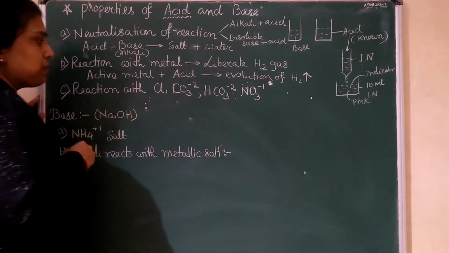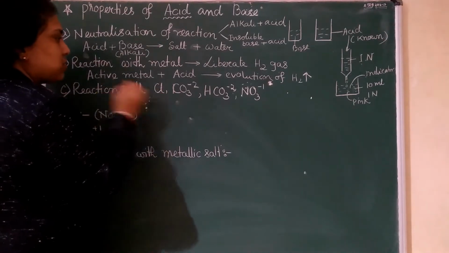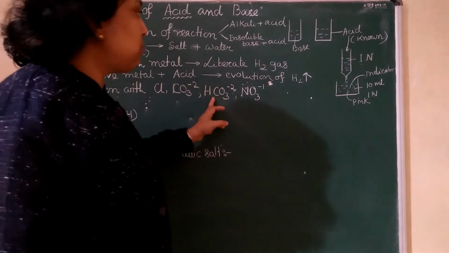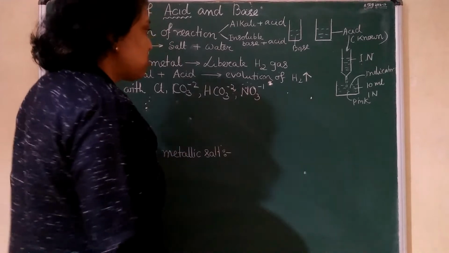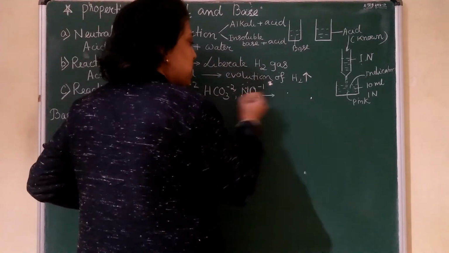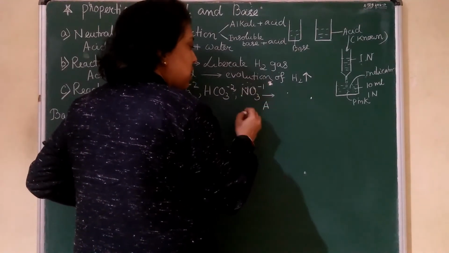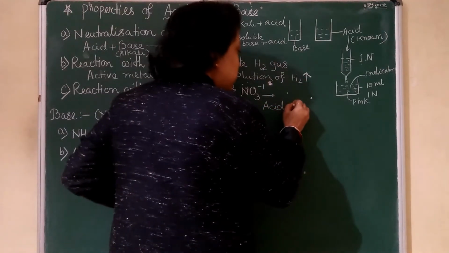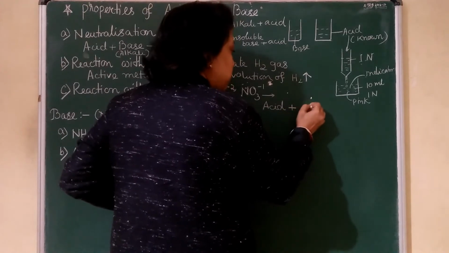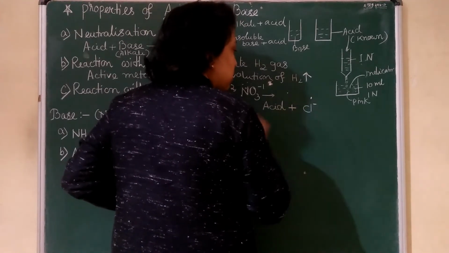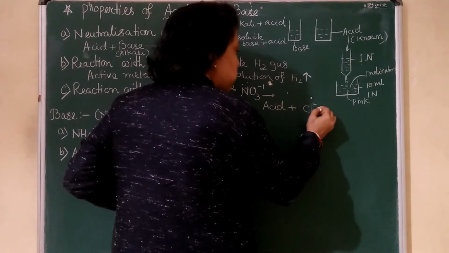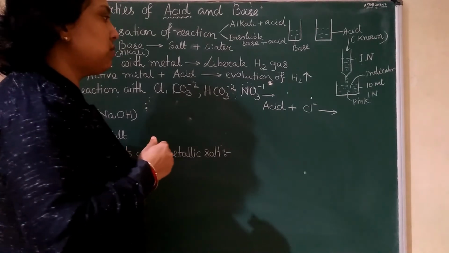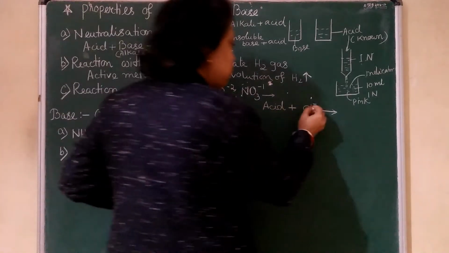Then this one: when acid reacts with chloride salt, carbonate salt, bicarbonate salt and nitrate salt. What will happen when acid reacts with chloride salt?